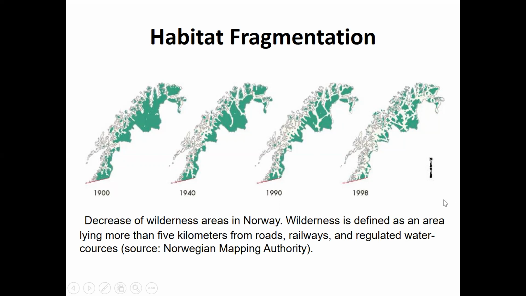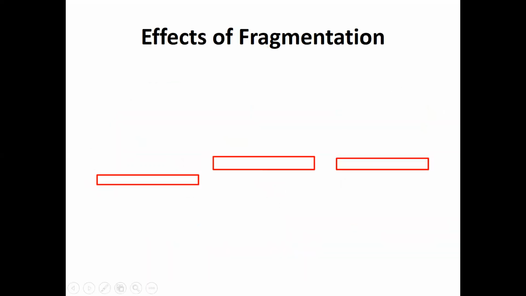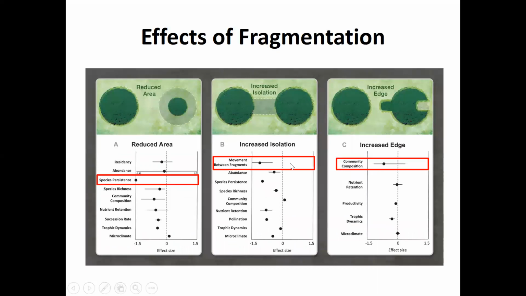So I want to talk a little bit about what are the major changes that happen in terms of the quality and the quantity of the habitat and its availability to wildlife as fragmentation occurs. Okay, so there's three major effects of habitat fragmentation.